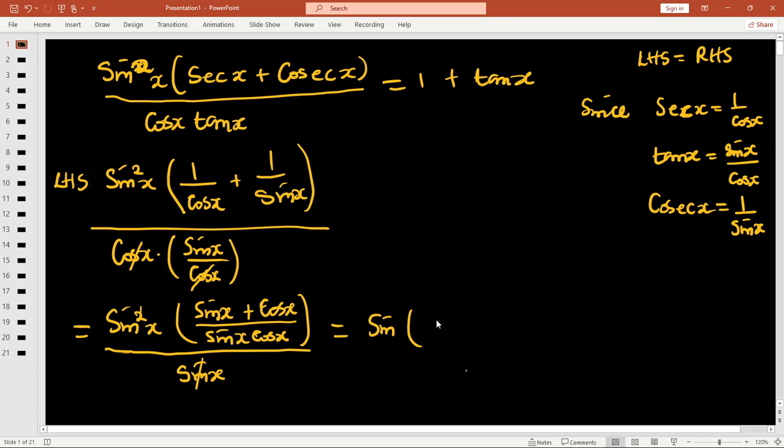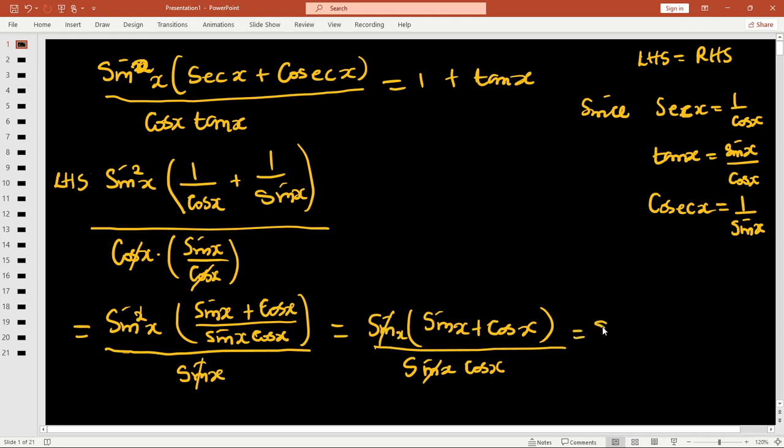So we have sin x open brackets sin x plus cos x, like this, divided by sin x cos x here. Okay, so sin x and sin x can cancel. Then we're left with sin x plus cos x divided by cos x, like this.